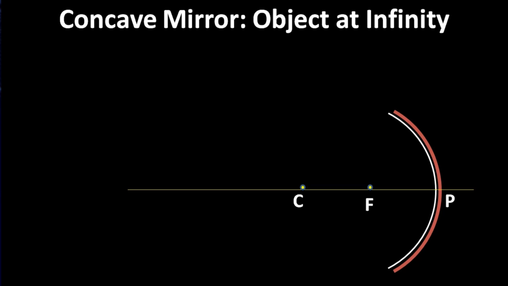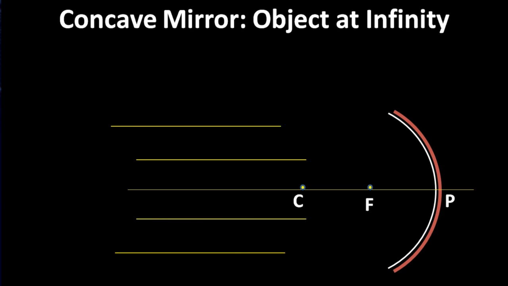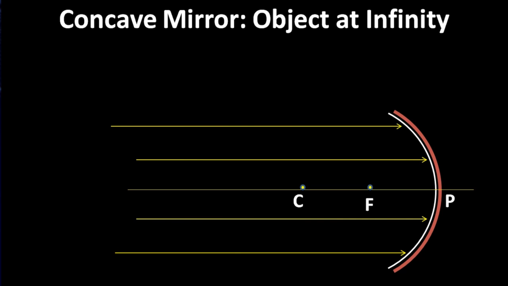First case, when the object is kept at infinity. Due to the large distance, the rays coming are almost parallel to the principal axis. Rays coming parallel to the principal axis, after reflection, pass through the focus.